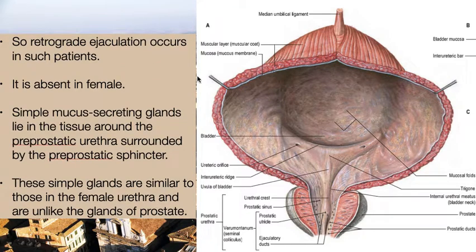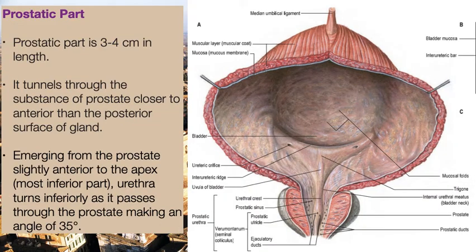This mechanism is absent in females, right? Simple mucous glands line the tissue around the preprostatic urethra, surrounded by the preprostatic sphincter, and these simple glands are similar to those in the female urethra and are unlike the glands of the prostate.